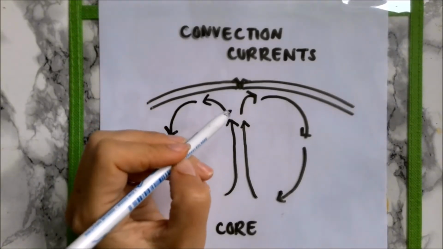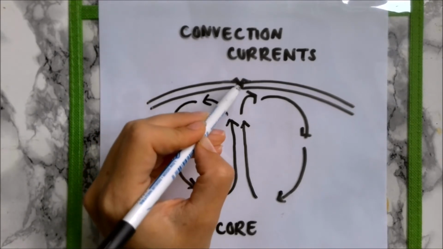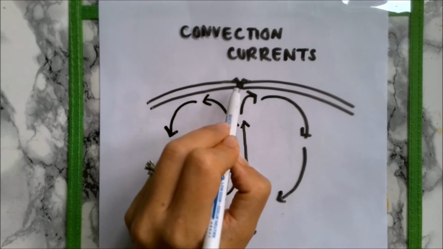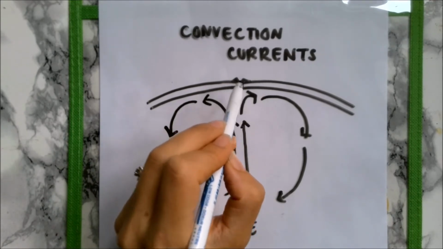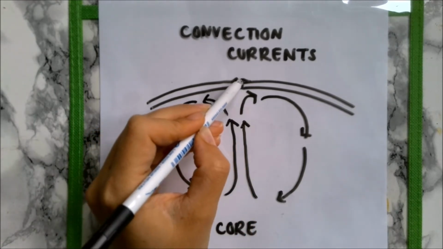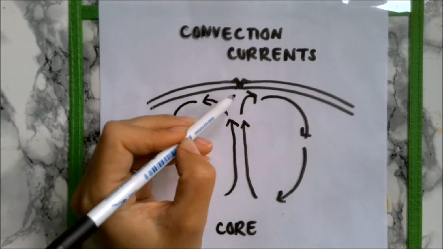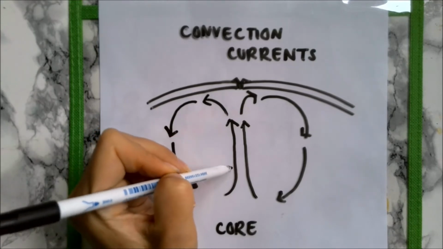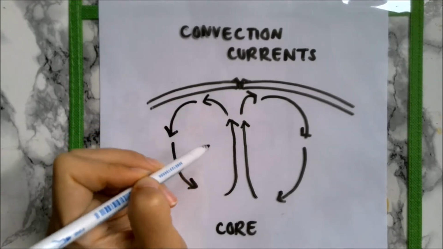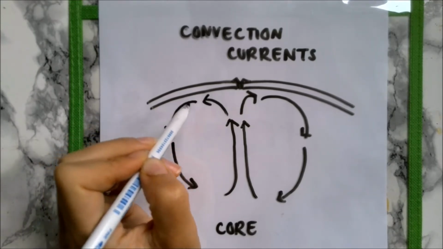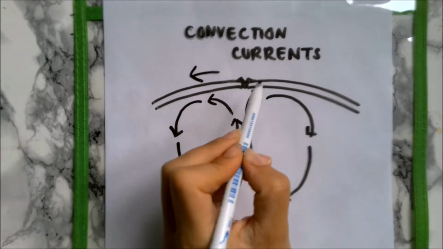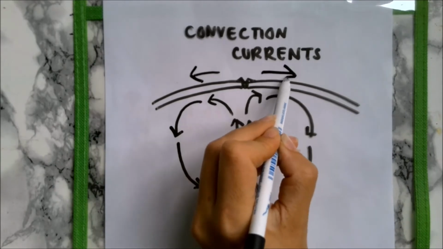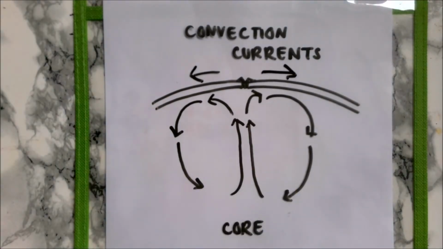The reason I've drawn two here is you'll notice that I've drawn a constructive plate margin here. It could be oceanic, and as I've drawn this in my head, that's what I've created, because I've done a little bit of a mid-oceanic ridge here. What will happen is that as these convection currents diverge, they move away, that's actually going to cause movement of the lithosphere, the plates on the top, and they will be dragged due to friction in those two directions.